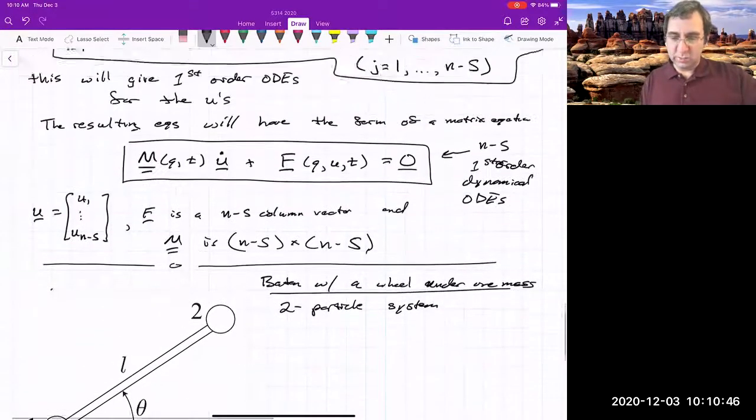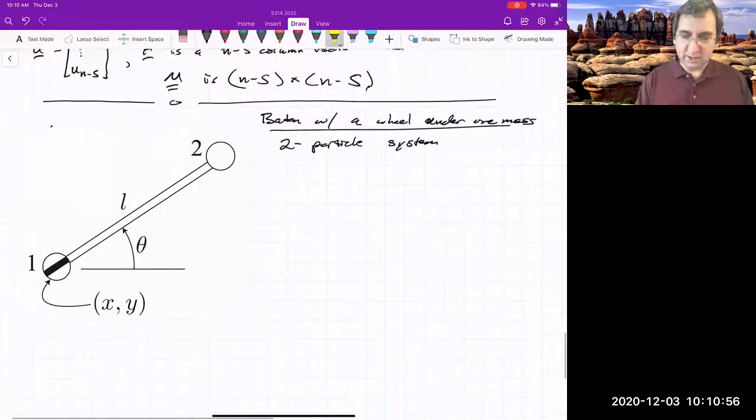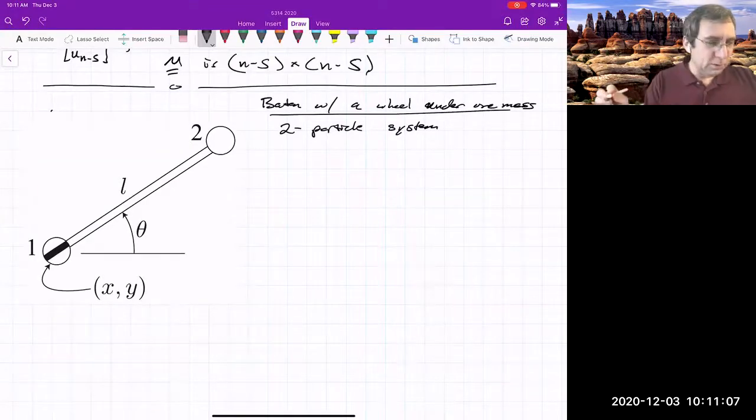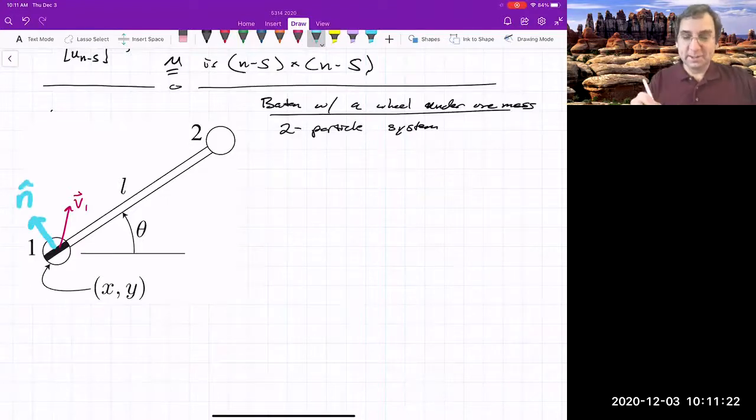which means in the equation of motion, we'll only be looking at this part because we'll just have two particles. But we first have to set it up right. So this is what we've usually been given. If you remember, what was the constraint? The constraint was that the velocity of particle one couldn't be in the n hat direction.